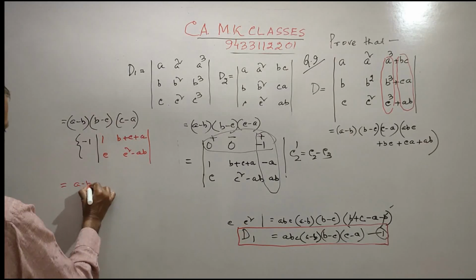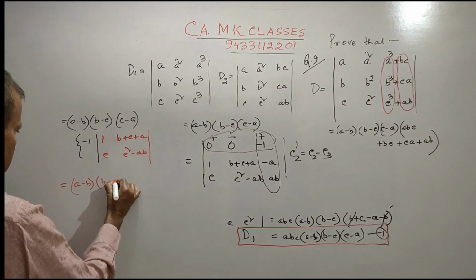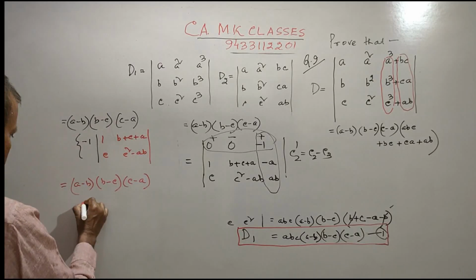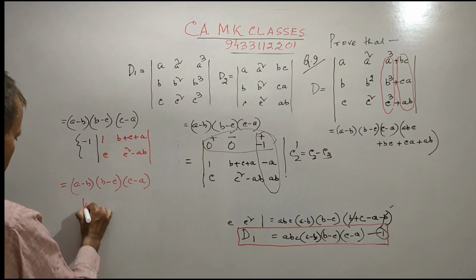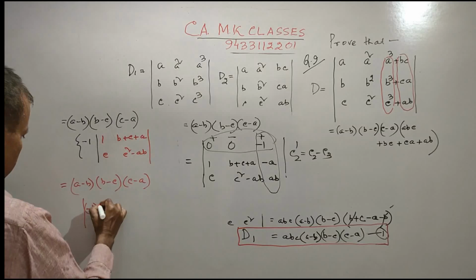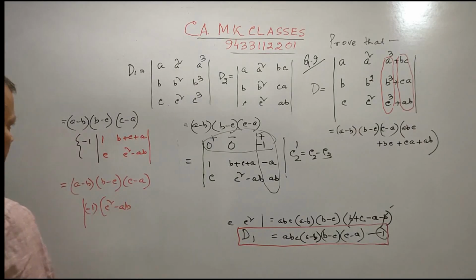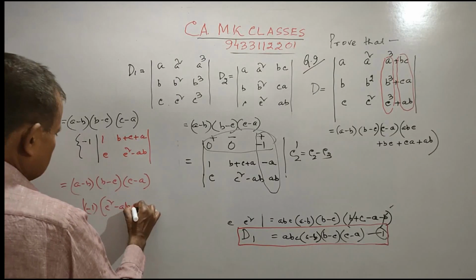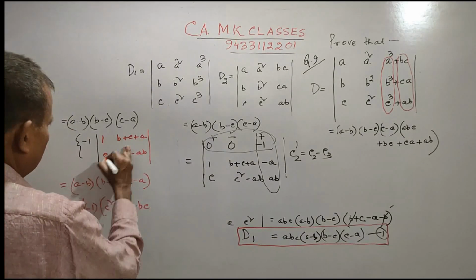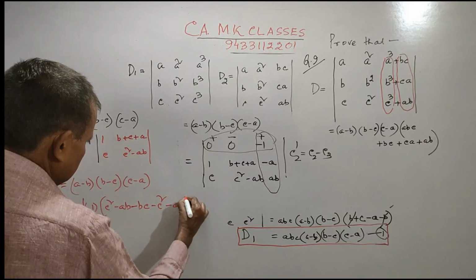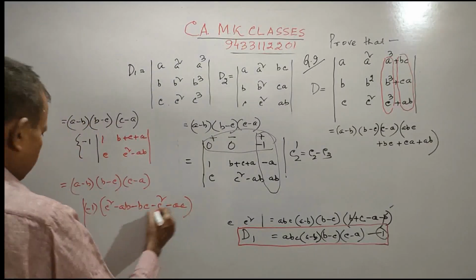This will be a minus b, b minus c, c minus a, this is minus 1, this is your c square minus ab, minus bc, minus c square minus ac.